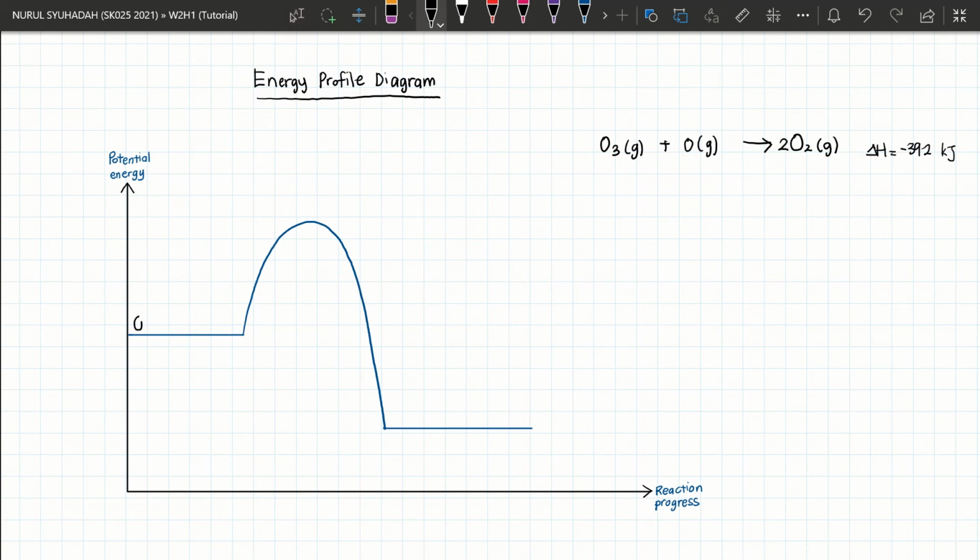Here our reactant, O3 gas plus O gas, to produce 2O2 gas, that is our product. The next one is we're going to label our activated complex, and then our delta H reaction and also our activation energy.